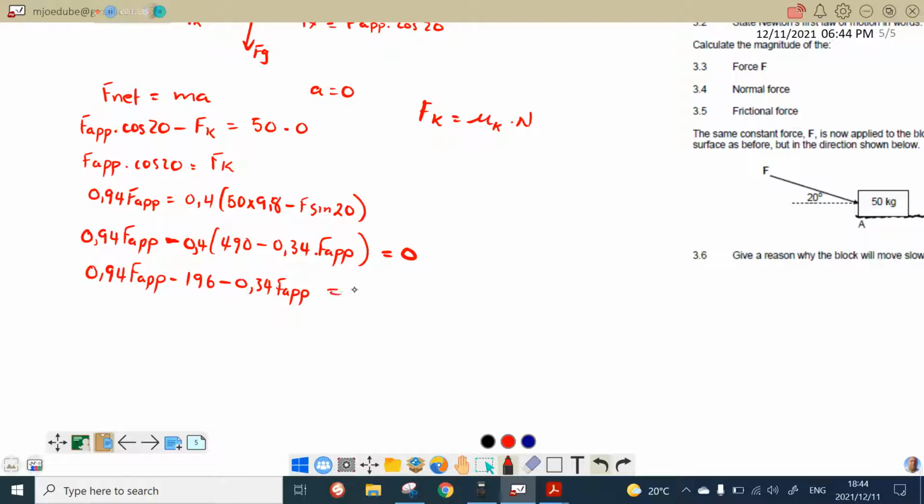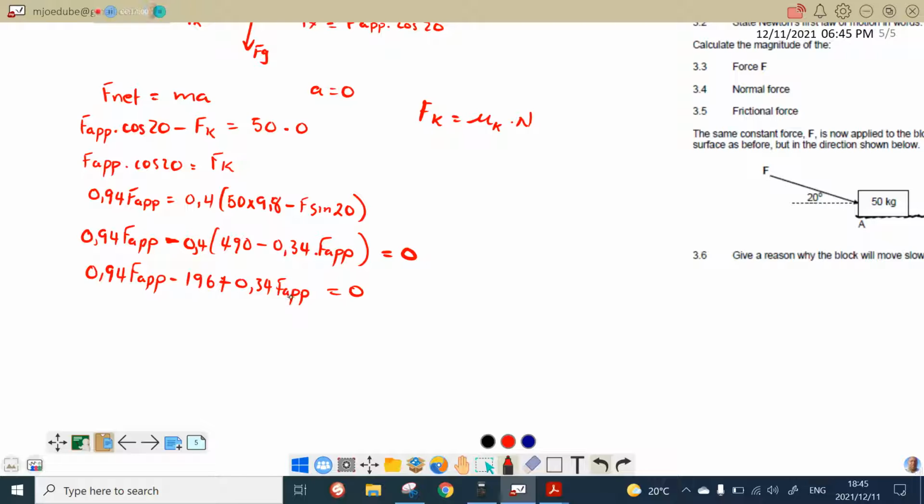Collect like terms and then solve for your unknown. If you move that to the other side, this becomes a plus actually, because a negative multiplied by a negative gives you a positive.